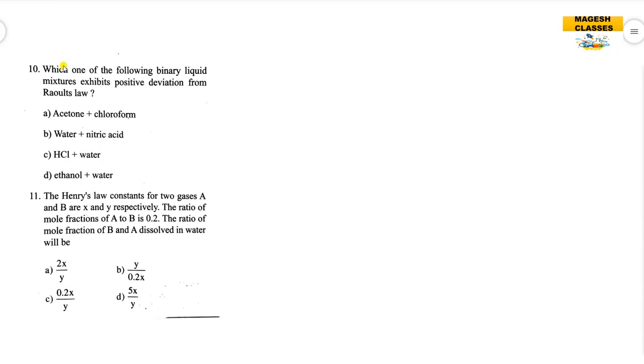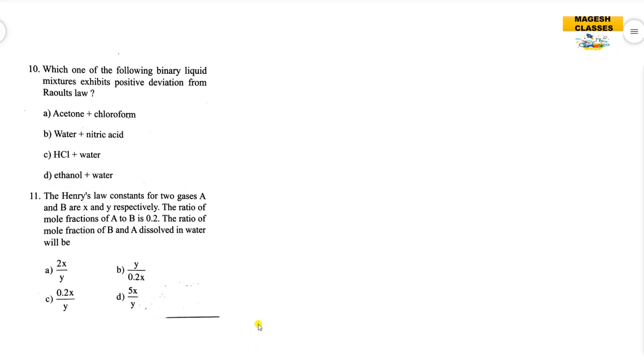Question number 10. Which one of the following binary liquid mixtures exhibit positive deviation from Raoult's law? The deviation, either positive or negative, depends upon the intermolecular attractive forces of the mixture. The options are acetone and chloroform, water and nitric acid, hydrochloric acid and water, ethanol and water.